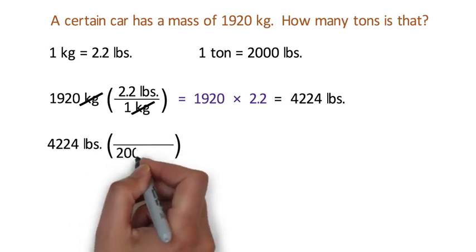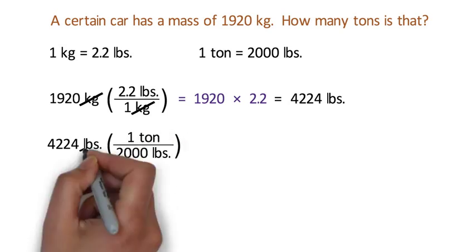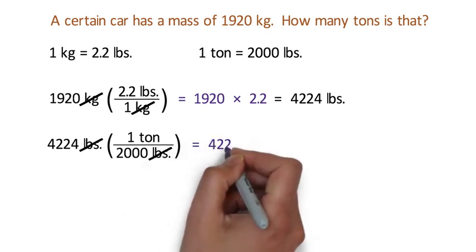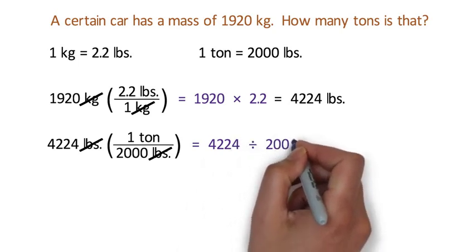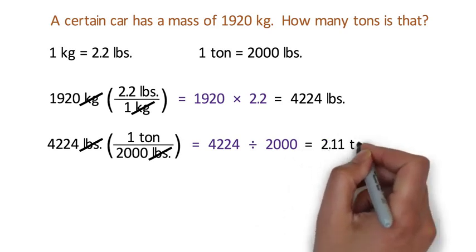We write 2,000 pounds on the bottom and 1 ton on the top. Our pounds cancel out, and we are left with tons for the units of our answer. In our calculator, we type 4,224 divided by 2,000, because the 1 is on the numerator of the fraction. Our final answer works out to be 2.11 tons.